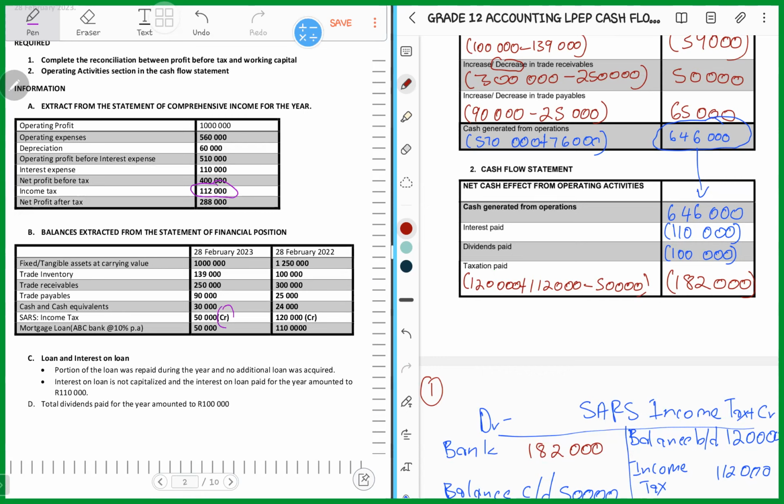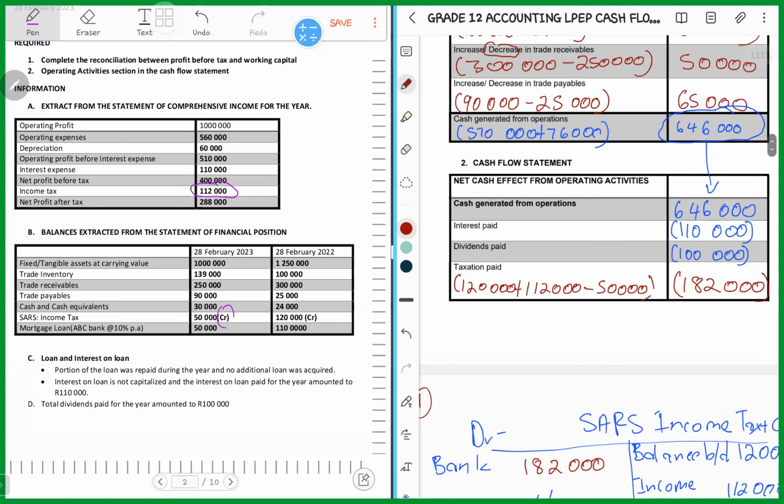But since here we have 3 outflows and 1 inflow, we're going to use the inflow to subtract all the outflows. Then if the calculator gives us a negative amount, that is a net outflow. If it gives us a positive amount, that is a net inflow.